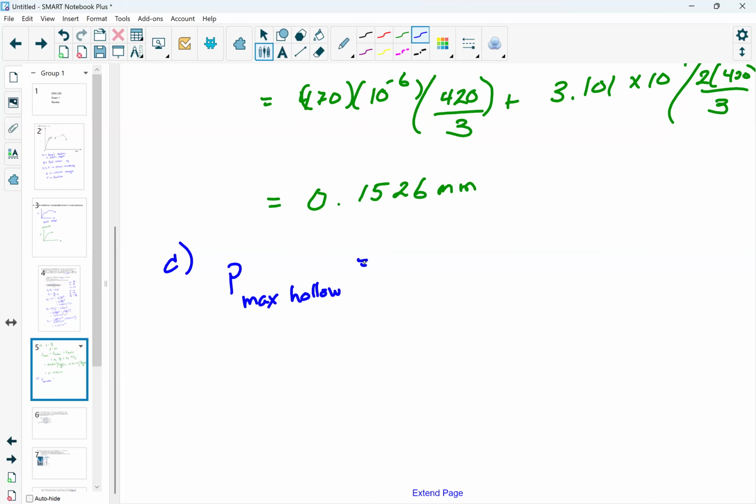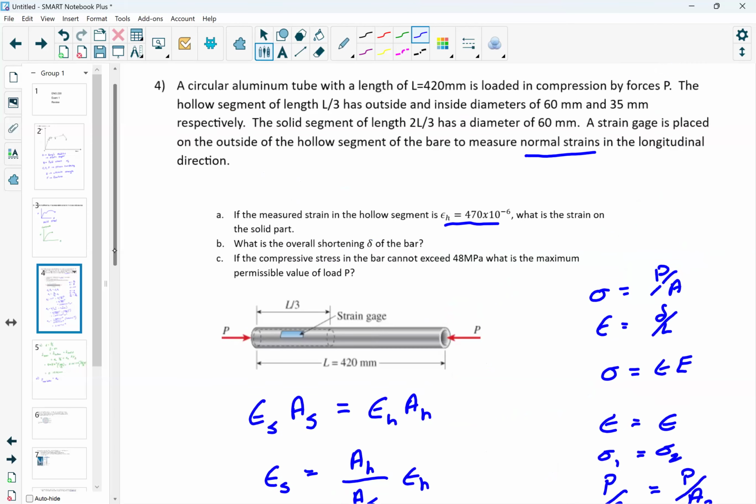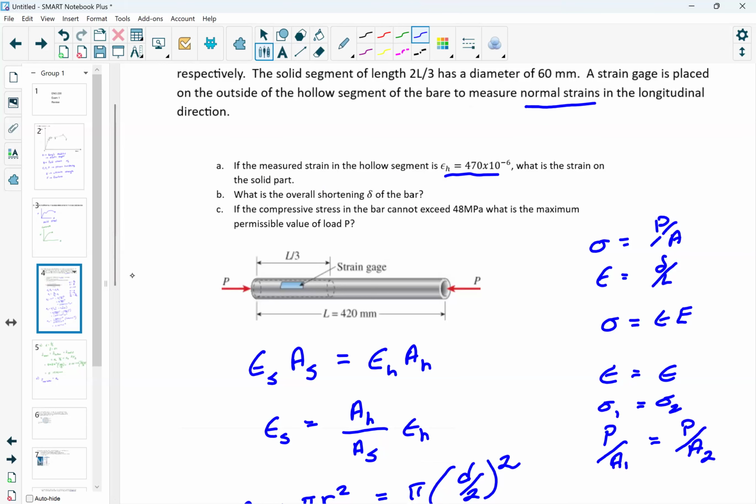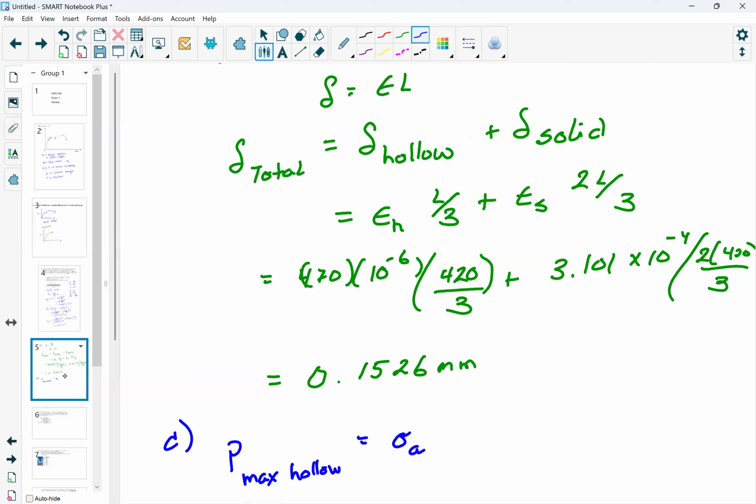So that's going to be sigma sub A. They gave that to us, didn't they? Yeah. So that's our compressive stress. And then that's going to be the area of our hollow piece.